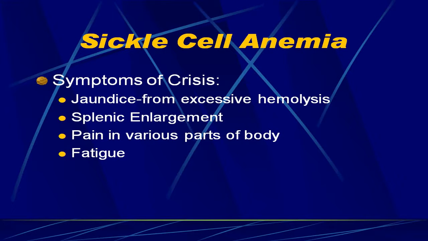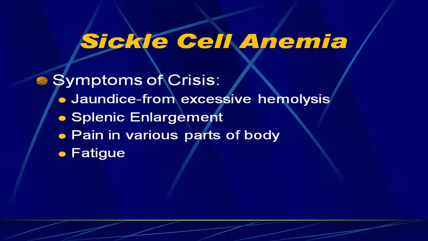Some patients that have sickle cell anemia have a yellow tinge to the sclera, and it's yellow all the time, and this is pretty diagnostic of sickle cell anemia patients. They may also have splenic enlargement. The spleen is enlarged because it's taking in all these red blood cells and continuing to destroy them.